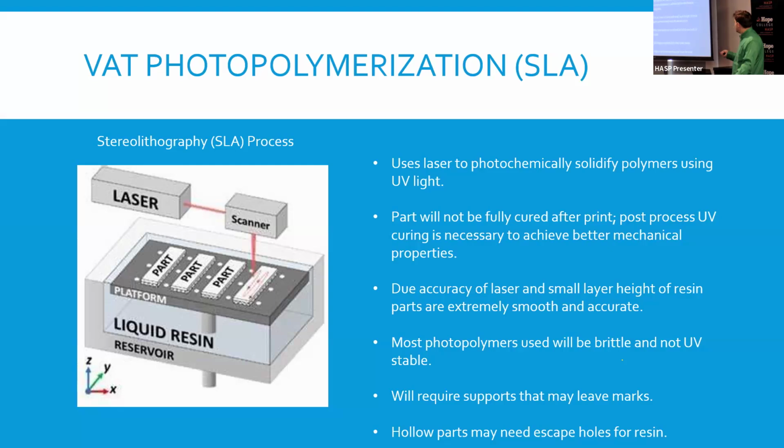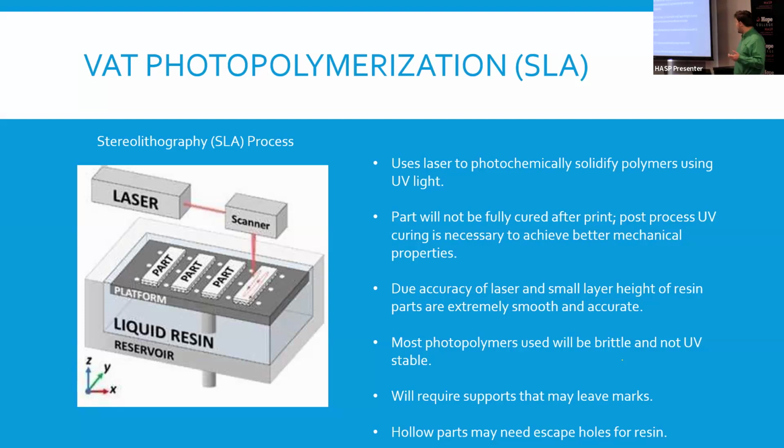Most photopolymers used will be brittle and not UV stable. So that's another thing. If you look at the parts, you'll see that two of them are broken, and that's because it's a brittle break. So generally, they're not that great outside. And if you're going to use them as a functional prototype, they don't really have a lot of good ways of bending.